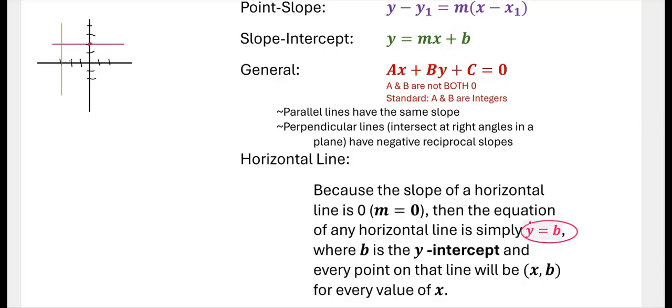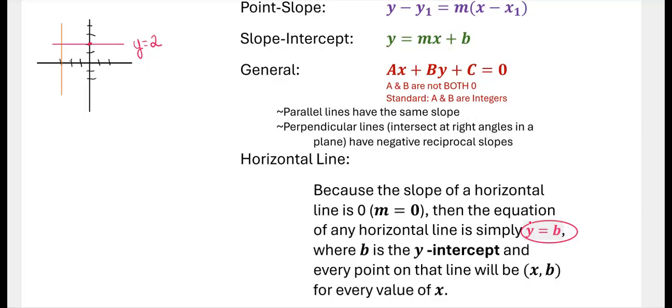But in the specific line I just drew, it crosses the y-axis at 2, so the equation of my horizontal line is going to be y equals 2. Horizontal lines are always going to have just a y variable equals some constant, because it doesn't matter what point I put on this line.